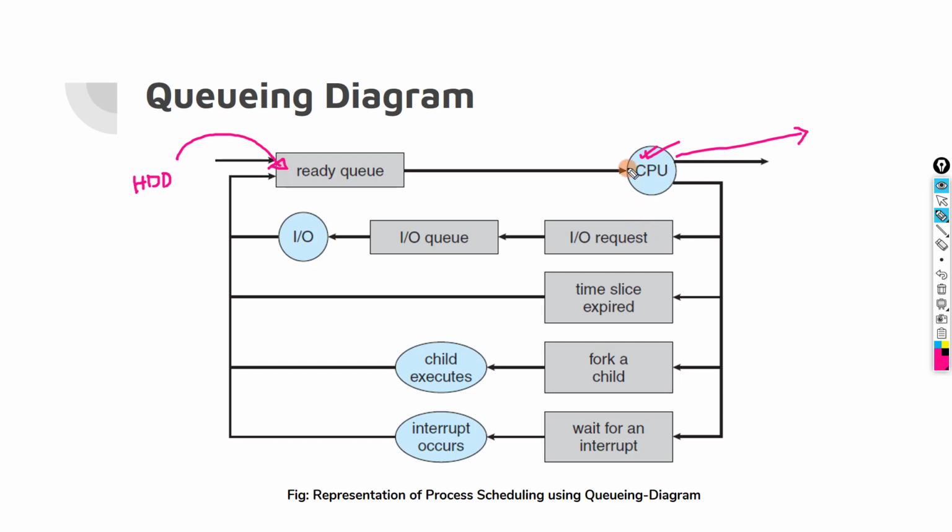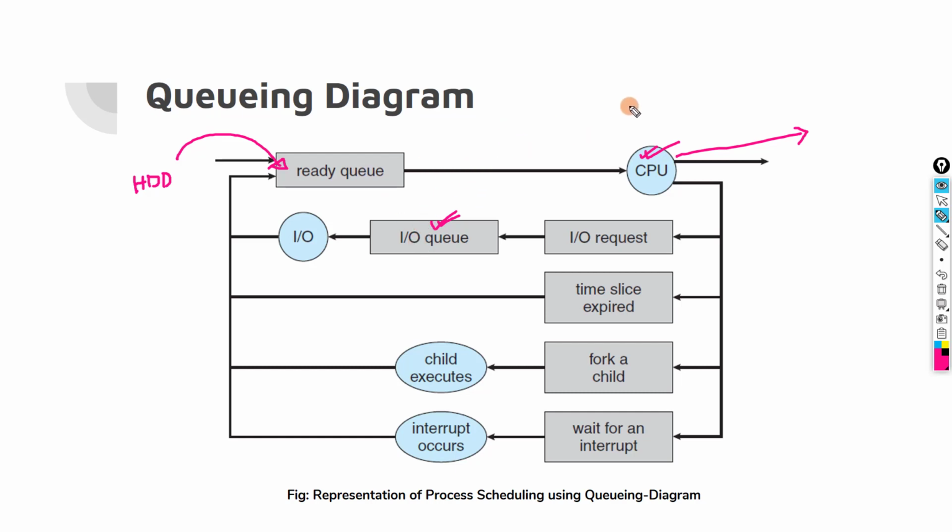I mean, during its execution, the process is in need of a device, or in need of input-output from the user. So it will make an IO request, and when it makes an IO request, it goes to the IO queue, or input-output queue. Why? Because your input or output devices may be occupied by other processes, right? The process itself doesn't know that.